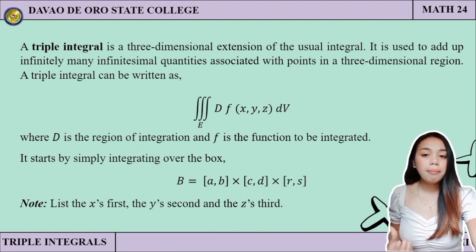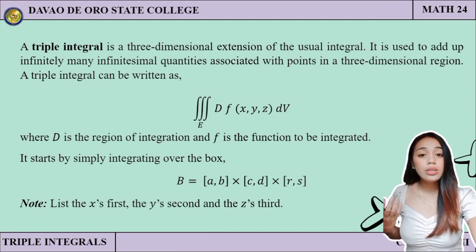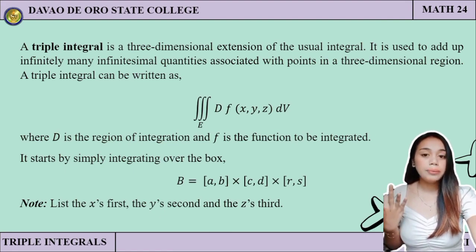It starts by simply integrating over the box B equal to the quantity [a, b] times the quantity [c, d] times the quantity [r, s]. And take note, class, that when using this notation, we list the x first, okay? And the y second and the z third.